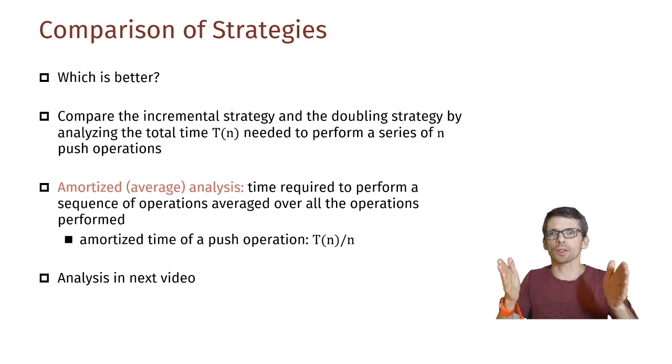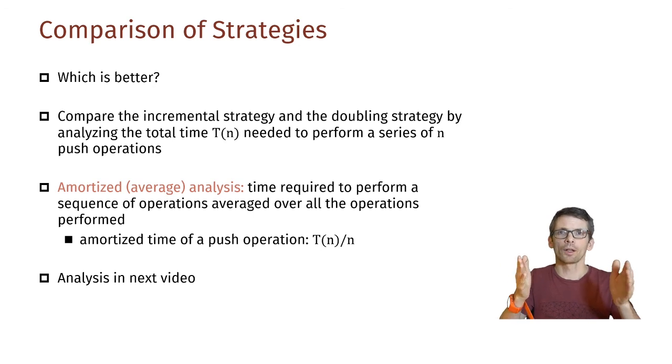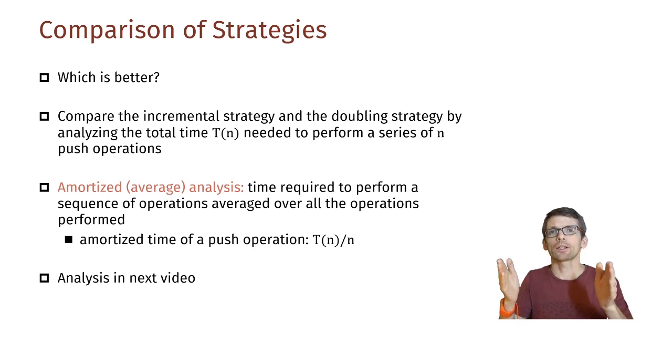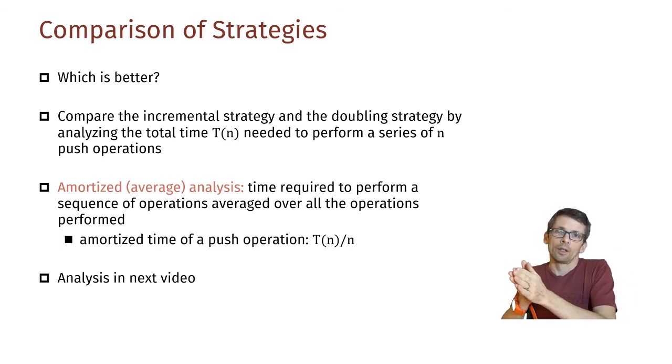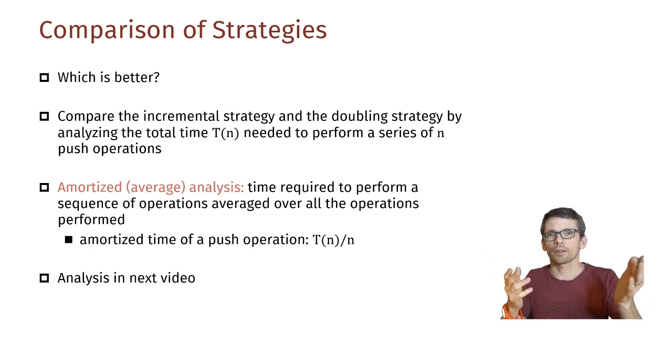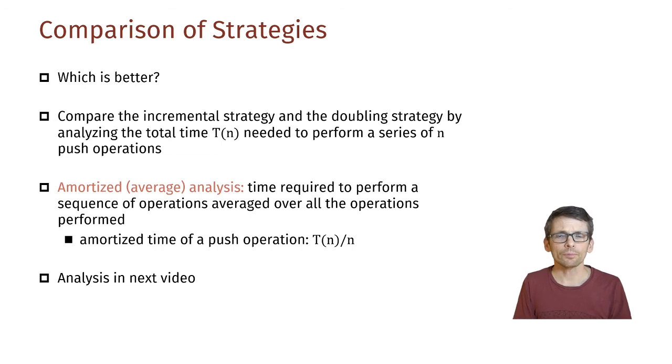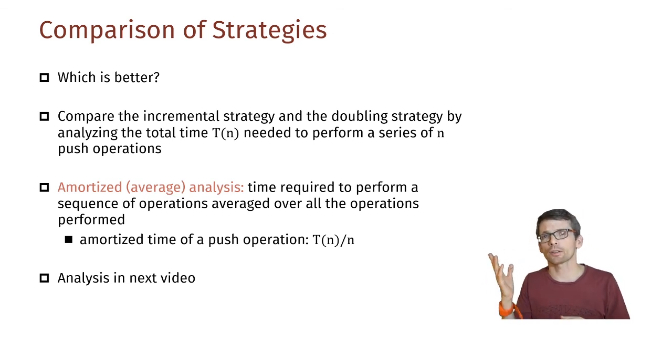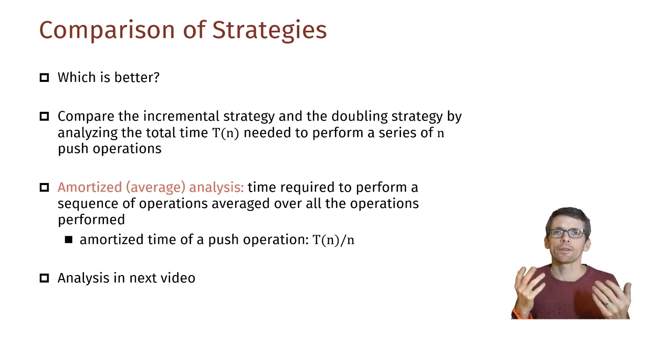Then the amortized time for pushing an element is T of n divided by n. So it's a kind of average, taking the average over what happens if I do n pushes and then dividing that by n. We're going to do the analysis of this: how large is T of n for the incremental strategy and the doubling strategy, and then how large is T of n divided by n, in the next video.